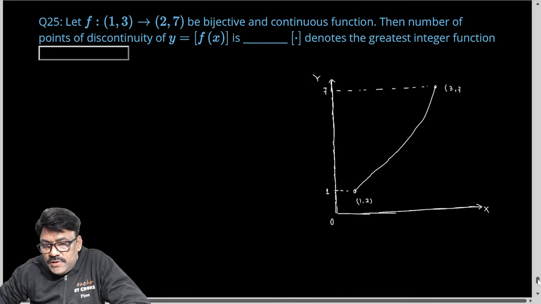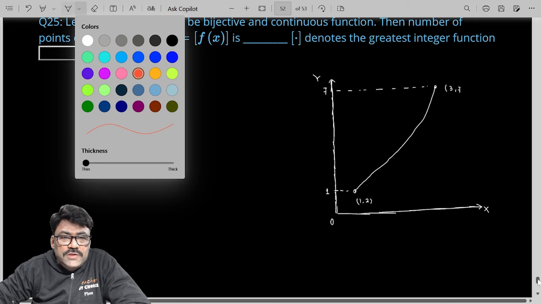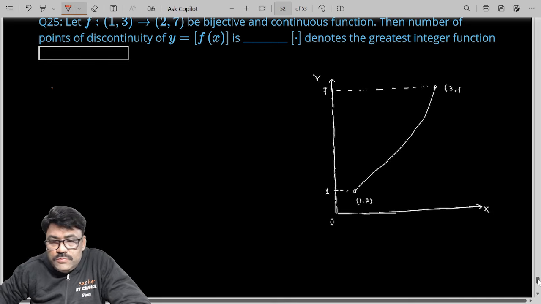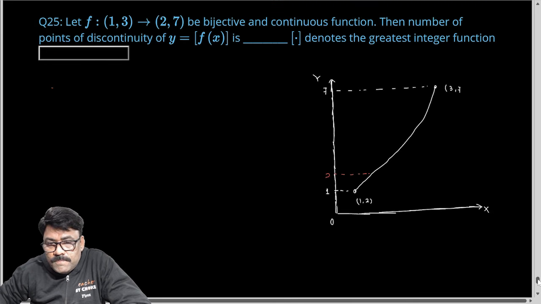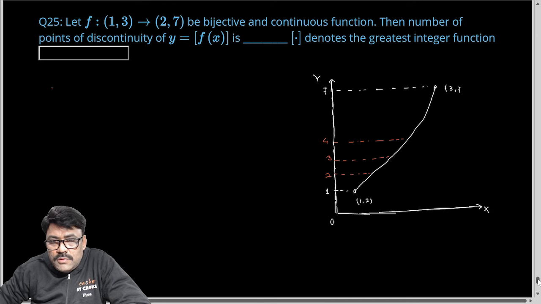So f(x) can be an integer here. Oh, sorry. At 1 the value is 2. That is 2 here.